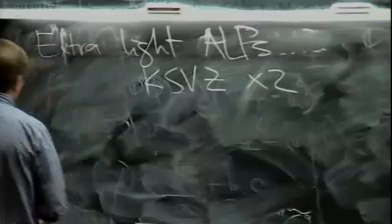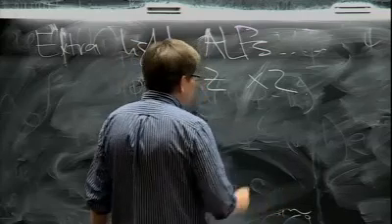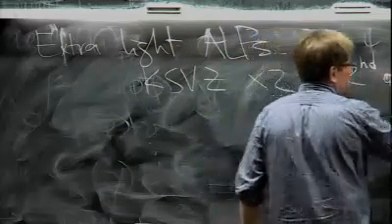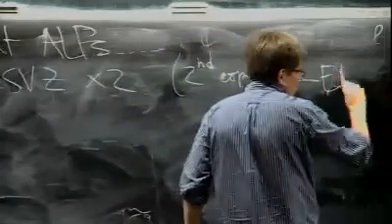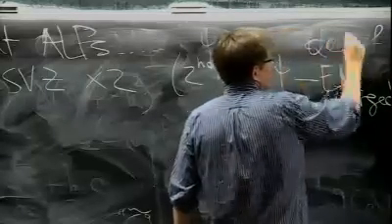So I take KSVZ and I multiply by 2. In the second copy, I will make psi also E&M charged. Besides QCD, I will make it E&M charged with some charge Q psi.